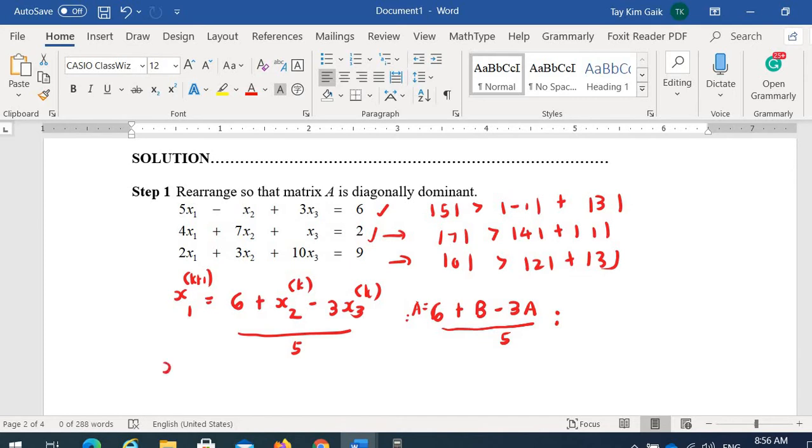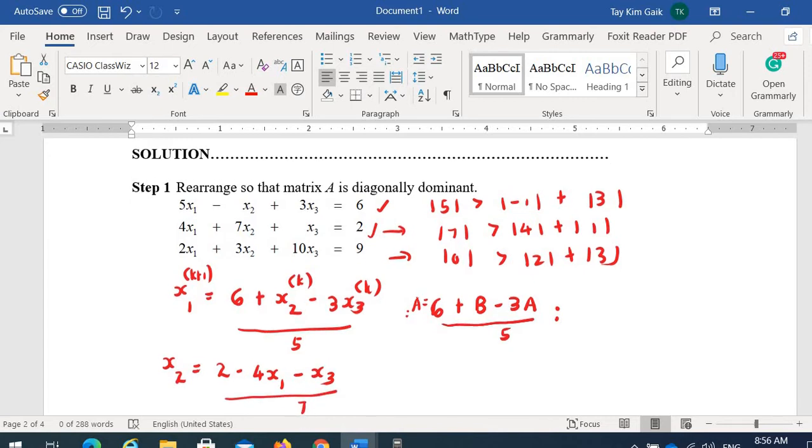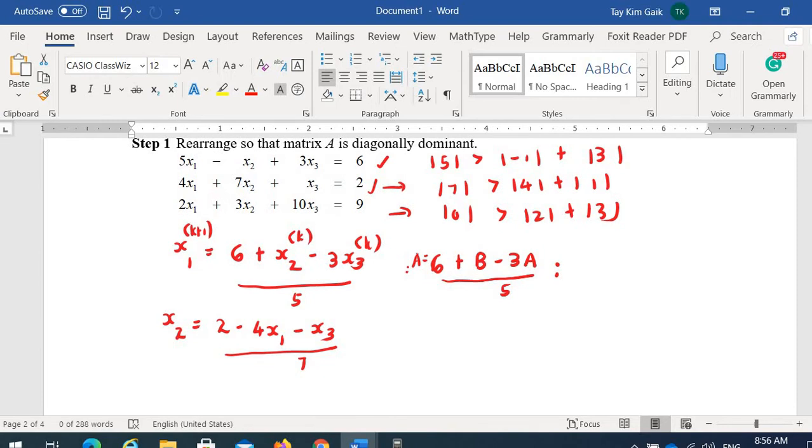Second for x2, so 2 minus 4x1 minus x3, divided by 7. For x1 we have a new solution, so x1 is k plus 1. x3 we still don't have, so this is still k. So for x2 we got now a new solution, x2 k plus 1.